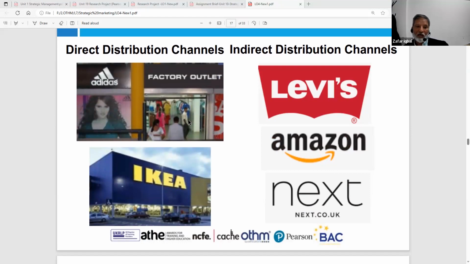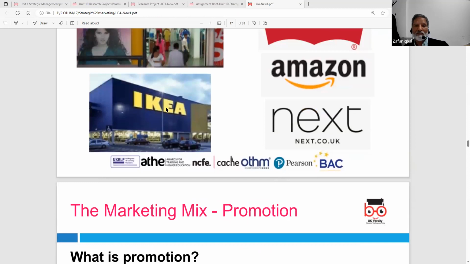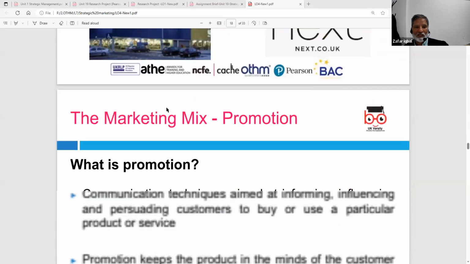Next, IKEA or Adidas have some kind of factory outlets for selling goods. Some are direct distribution channels, some are indirect distribution channels. Adidas may have direct and indirect, and so on. Other organizations do use these direct and indirect distribution channels to sell their products.